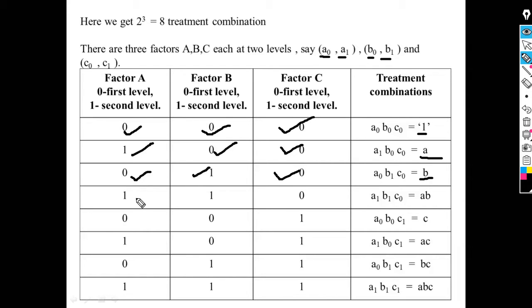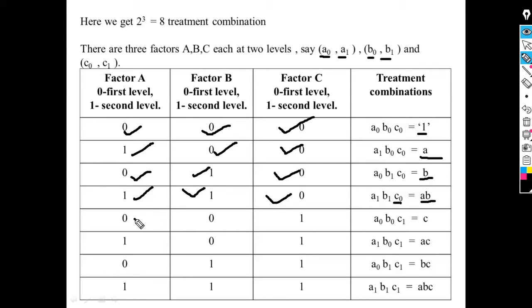The next treatment combination is factors A and B at second level and factor C at first level. So we get the treatment combination A1, B1, C naught. It can be written as A into B. So AB denotes factors A and B at second level and factor C at first level.